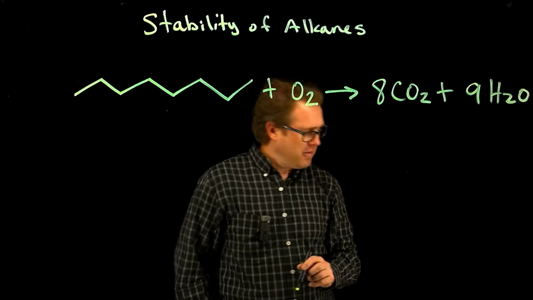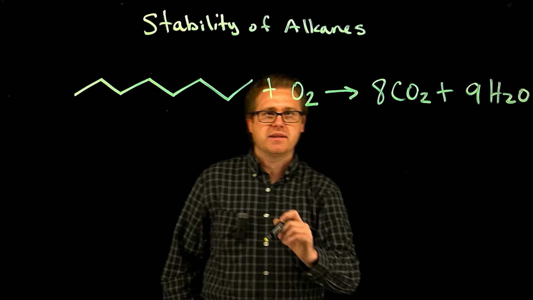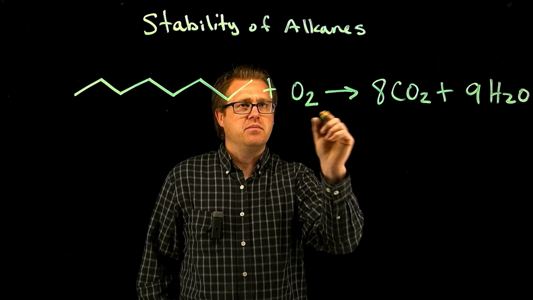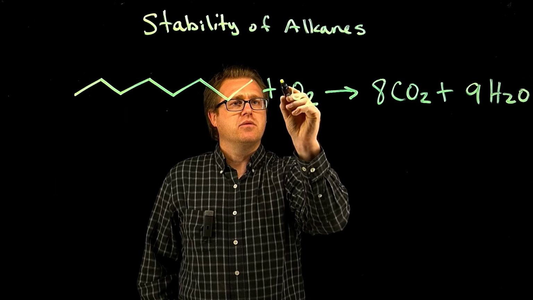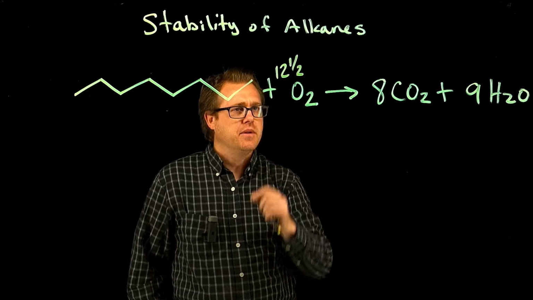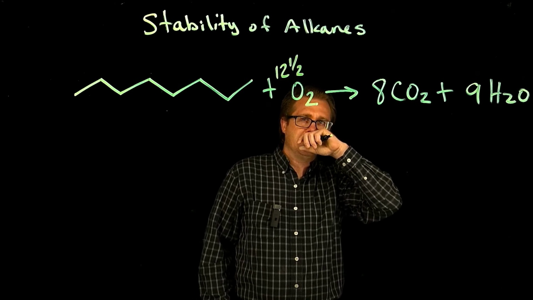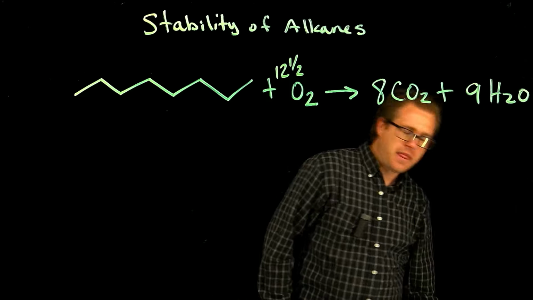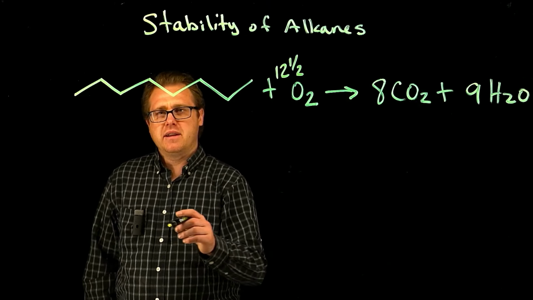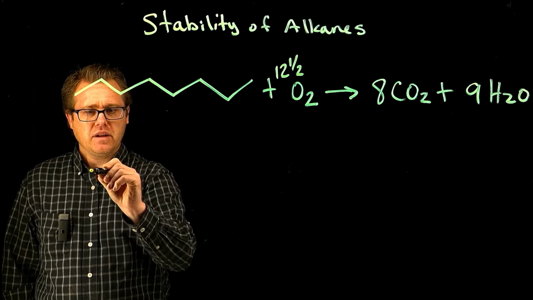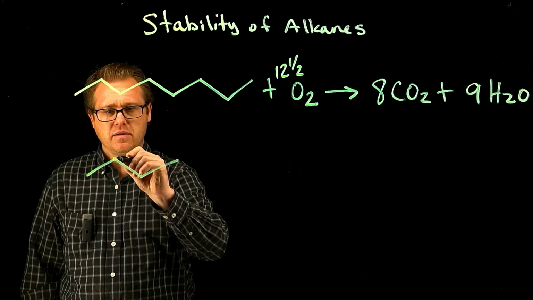Now, how much oxygen does it need to make this balanced here? It's going to need 12.5 moles of oxygen to combust here. But what if we looked at an isomer of octane that looked like this?